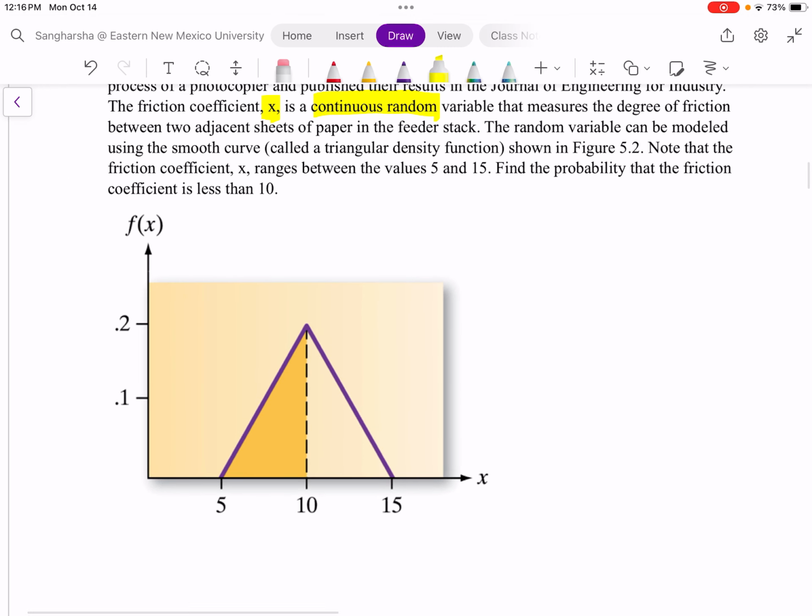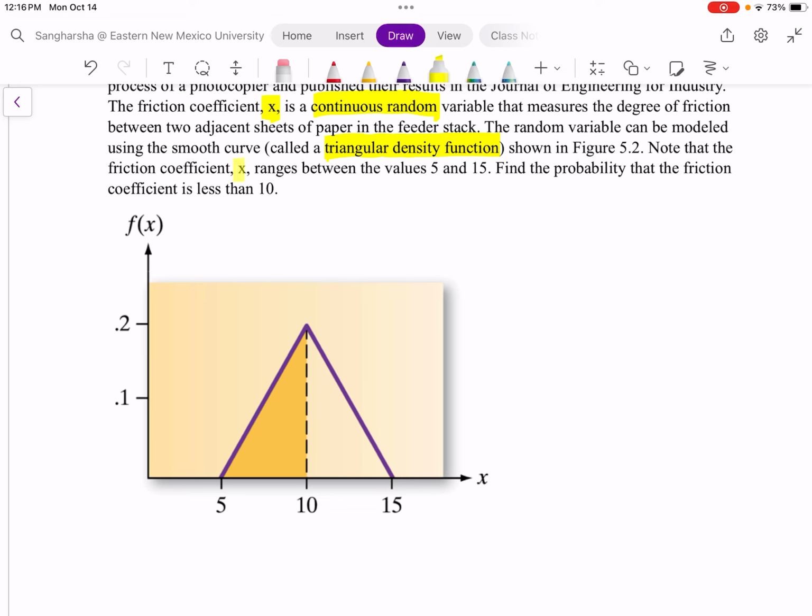So we call this a triangular density function. Since it has the shape of a triangle, it's called a triangular density function. It is a probability density function. So this curve represents our triangular density function.